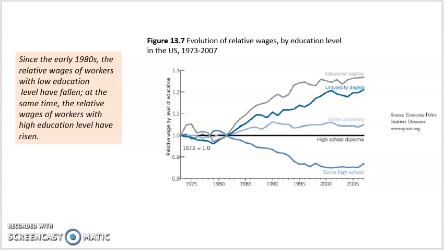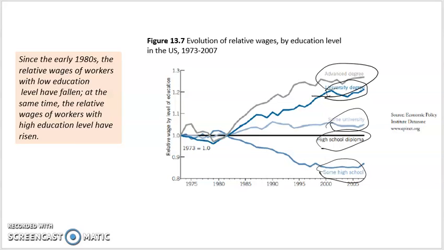Each of the four lines in the figure shows the evolution of the wage of workers with a given level of education. We have some high school education, high school diploma, some university, and an advanced degree.